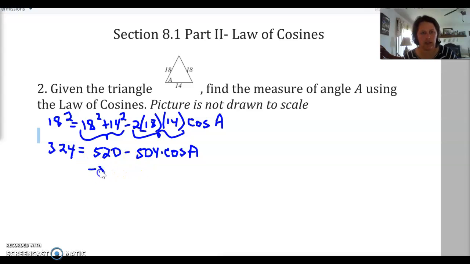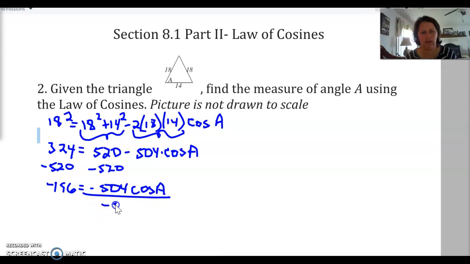Now I'm going to subtract 520 from both sides. And we get negative 196 is equal to negative 504 times cosine of A. Divide both sides by negative 504. Just be careful on this one of trying to do too many things or trying to skip steps.